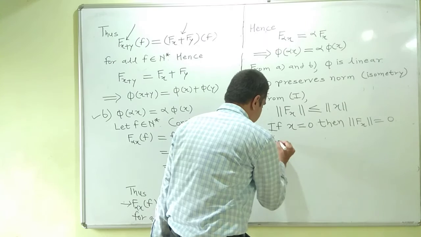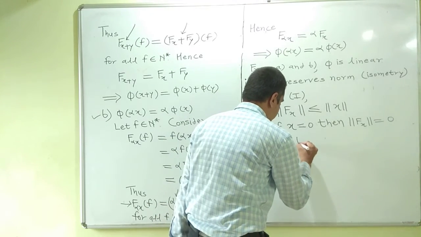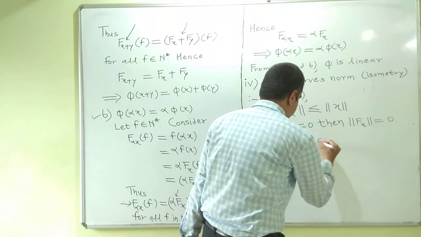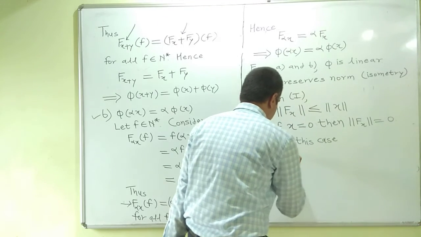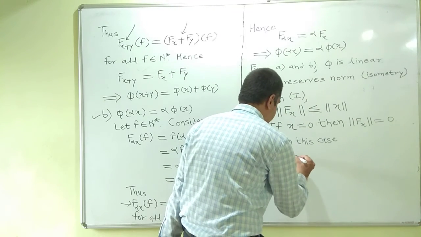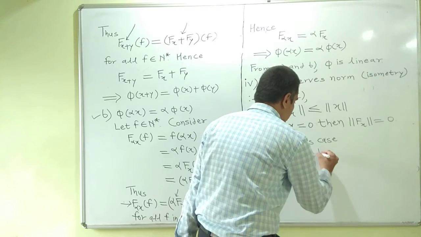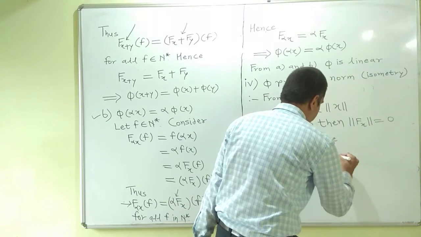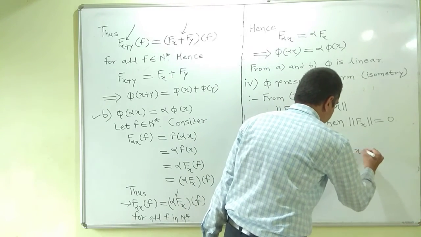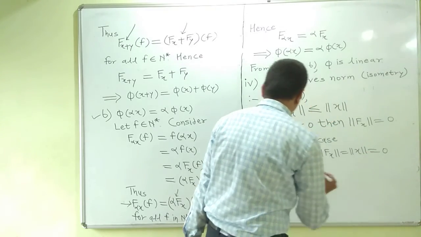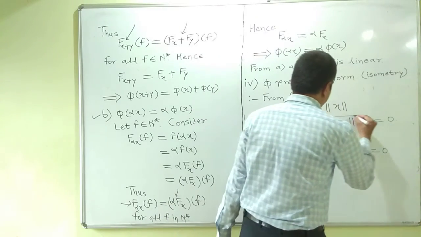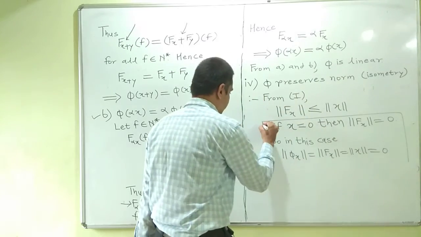So in this case we clearly get that norm of phi x is equal to norm of fx, which is equal to norm of x, which is equal to 0 when x is equal to 0. So this is the first case which we are done with.